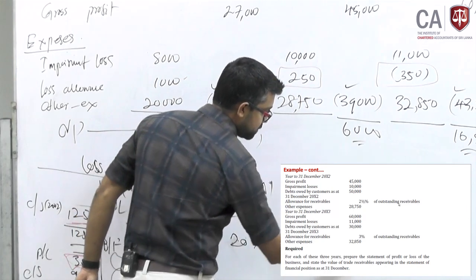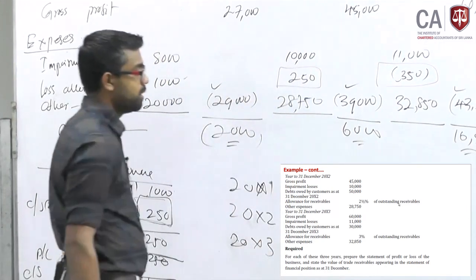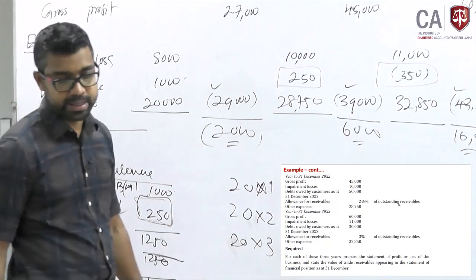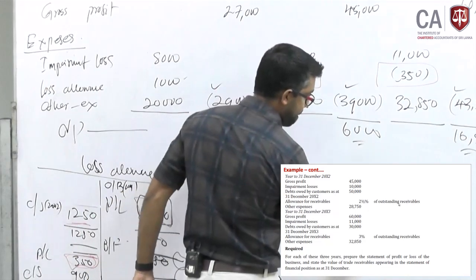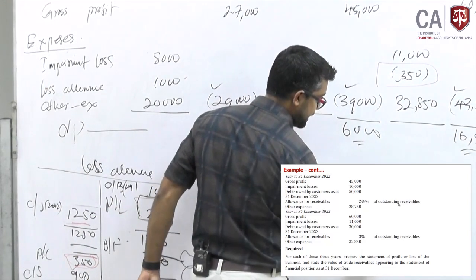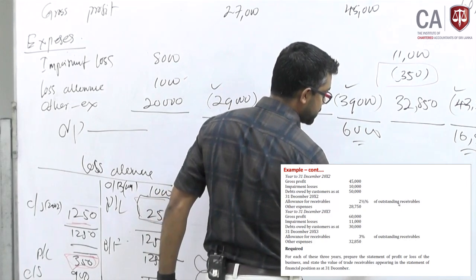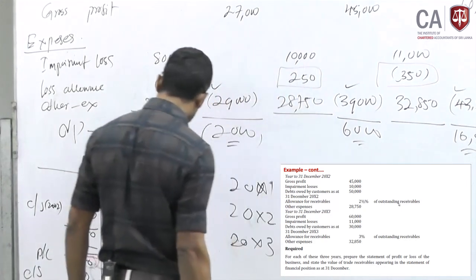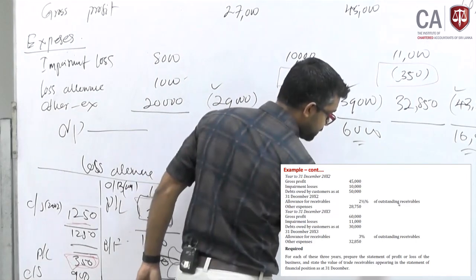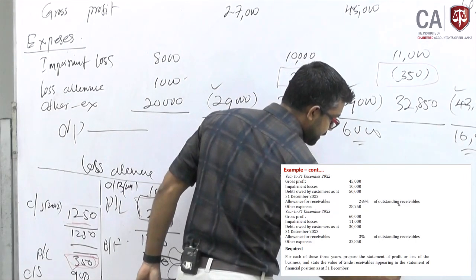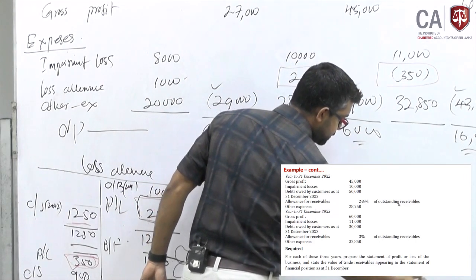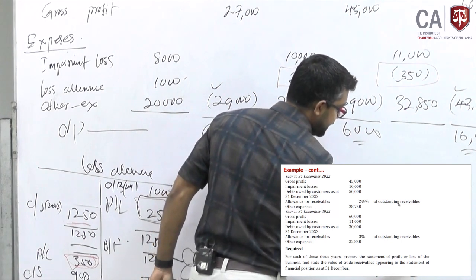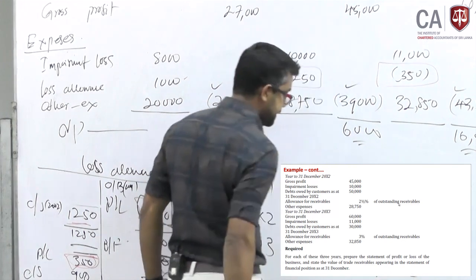From that you have to deduct what? Loss allowance. First year you have 1,000. Second year 1,250. Third year 900. Here 39,000, first year balance sheet data.